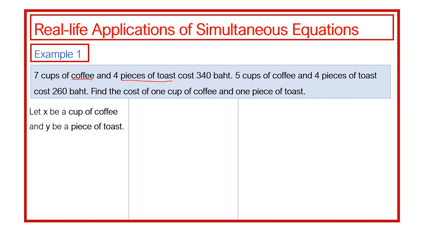So what we can do at this stage, we can say that 7 cups of coffee, we can simply say 7x plus 4 pieces of toast, we say 4y equals 340 baht.